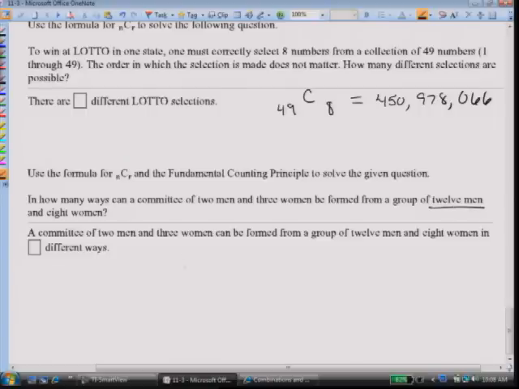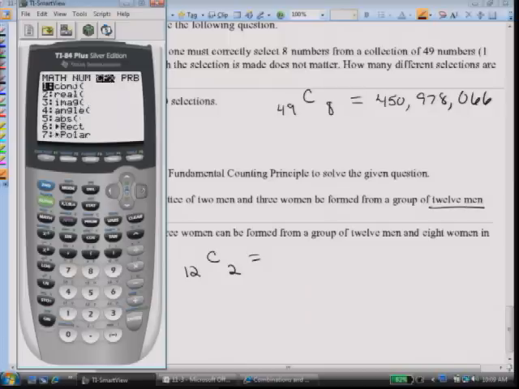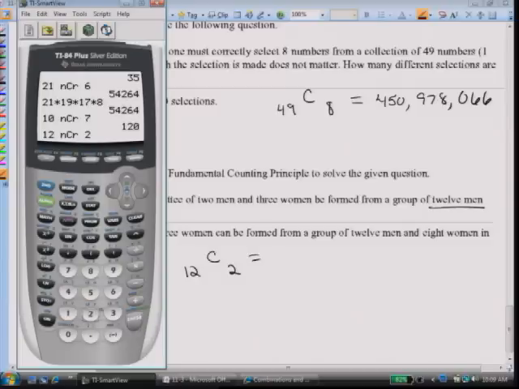So you're going to do 12 men chosen 2 at a time. And that will be 12, math, over to probability, and then down to choice 3, and then that's going to be 2. So this is 66.